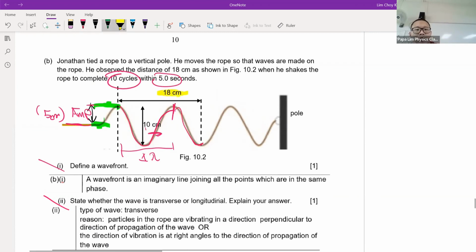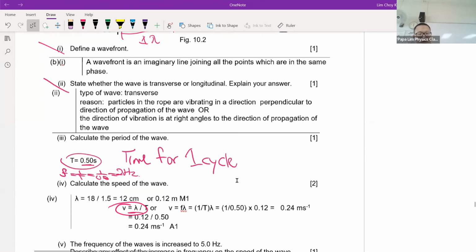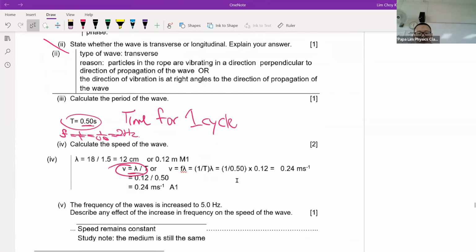The question is trying to trick you: the 18 cm is actually 1.5 lambda. So 1 lambda will be 12 cm, because 1.5 lambda is 18 cm. Or in meters, 0.12 meter.